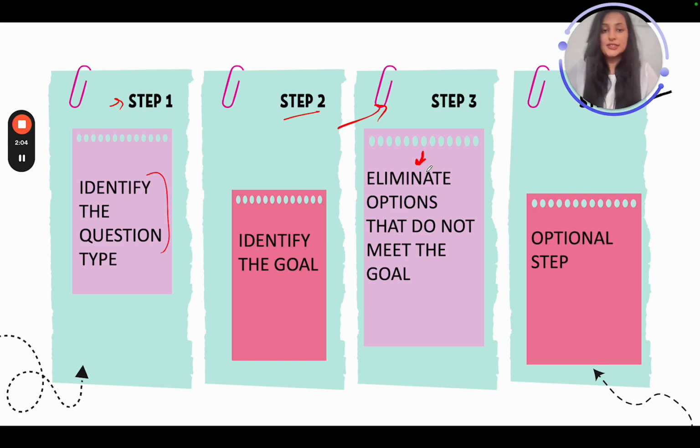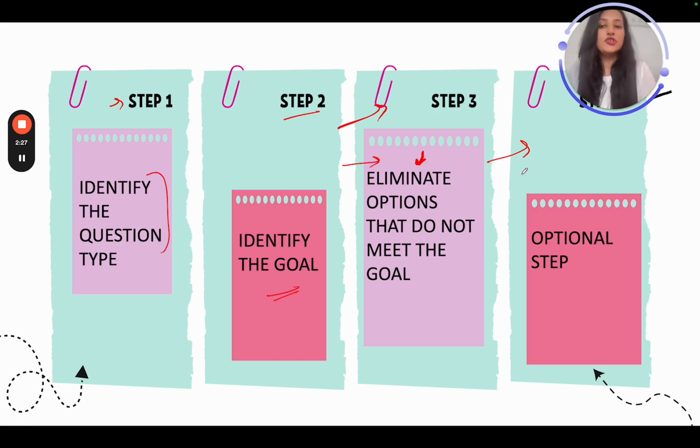That's the easiest thing. You are not going to the bullet points to read what information you want to achieve the goal. You are directly going to your options, eliminating those options that don't meet the goal. As simple as that. And step 4 is an optional step, which we will again talk about in more detail later in the video, right?